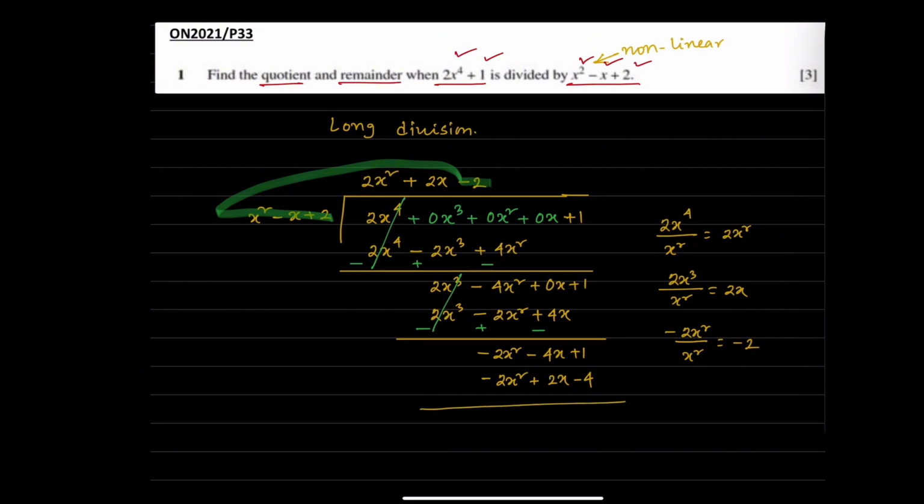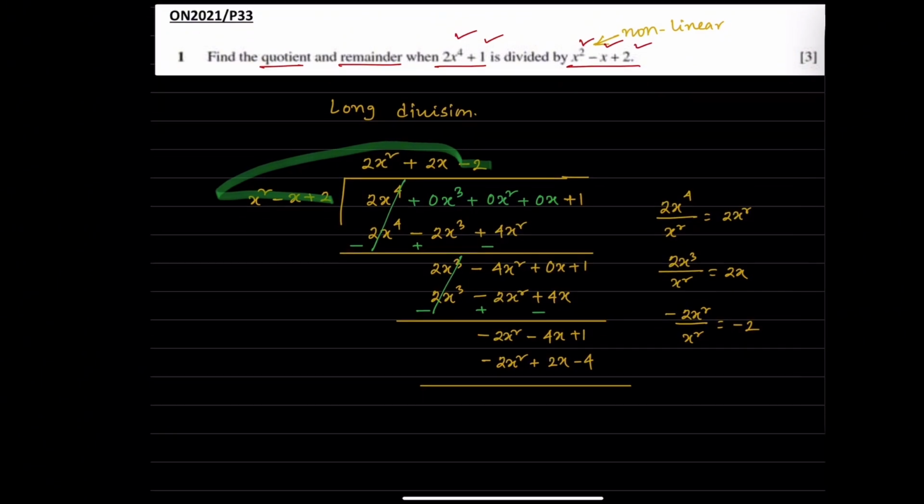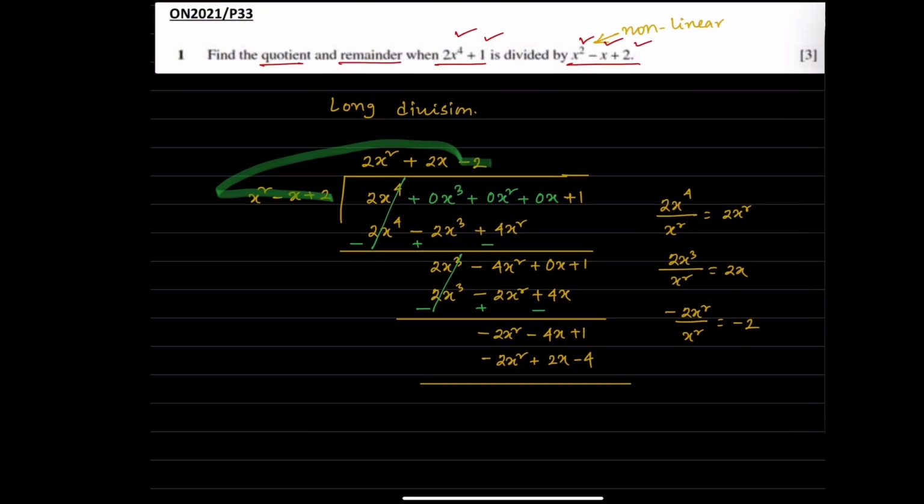Put your line here and then change the sign, plus, minus, plus. So this is out. Minus 4x and minus 2x, you get minus 6x, and plus 1 and plus 4 give you the result of plus 5.